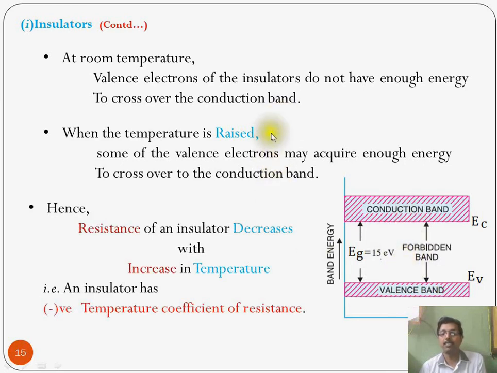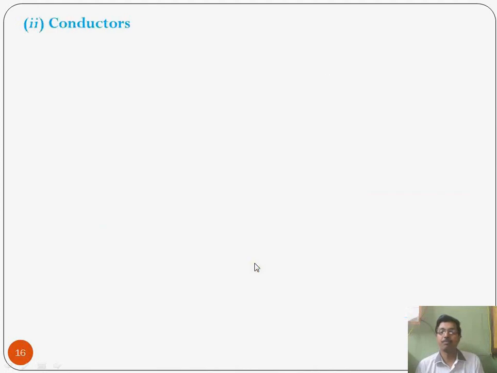This property is called a negative temperature coefficient of resistance. Here the insulator has a negative temperature coefficient of resistance because its resistance decreases when the temperature increases.